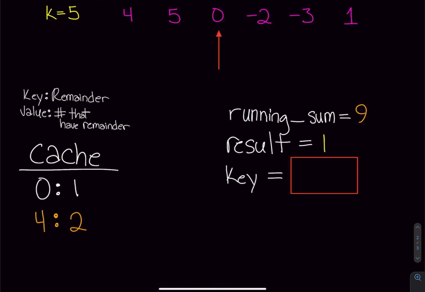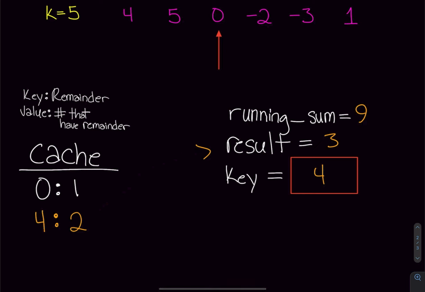And our key is going to be 9 mod 5, which is equal to 4. We're going to see if our key is in our cache, and we can see that it is. So we're going to take this 2 and add it to the result. So 1 plus 2 is equal to 3. So now there's 3 subarrays so far in this portion of the array that we're looking at.